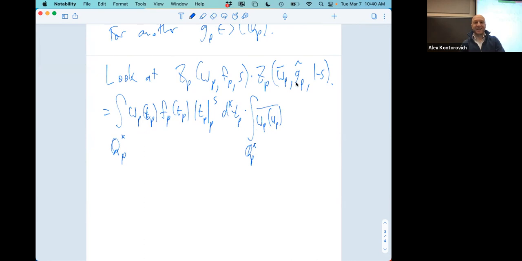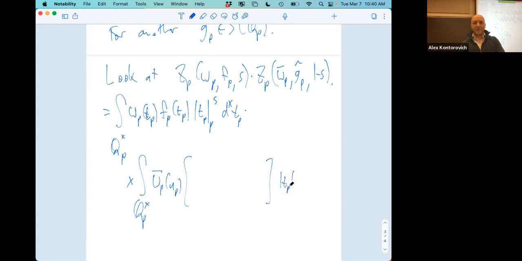Anyway, so again, omega_p of u_p bar, g hat, and then t_p, not t, but u to the power 1 minus s, d star u. And what is g hat?